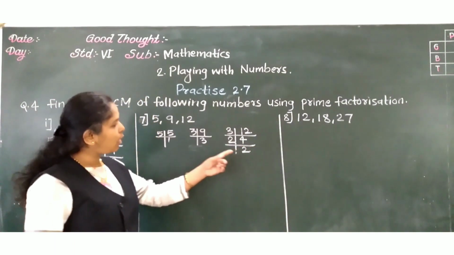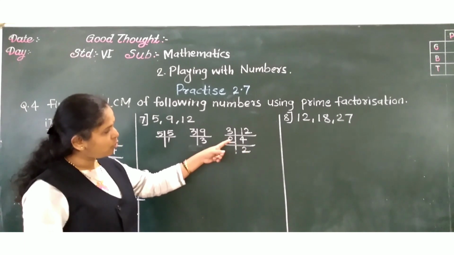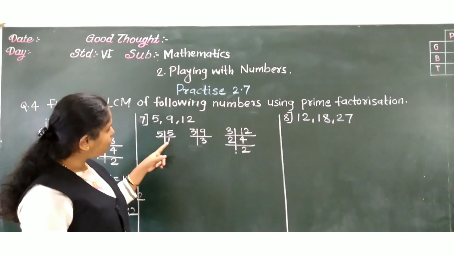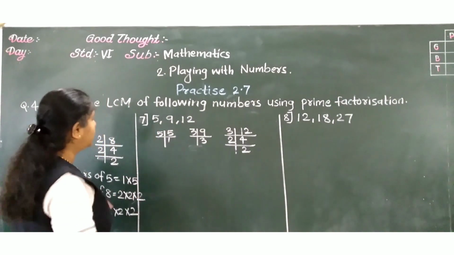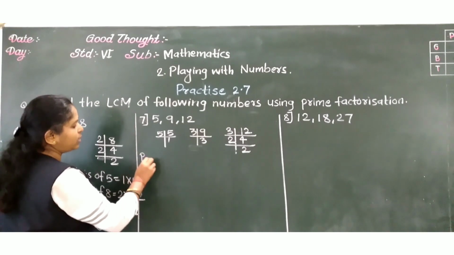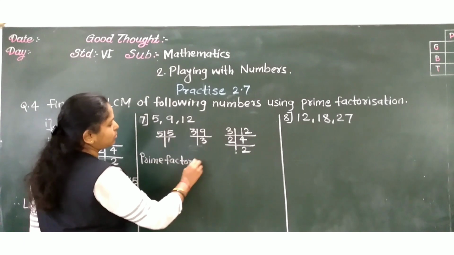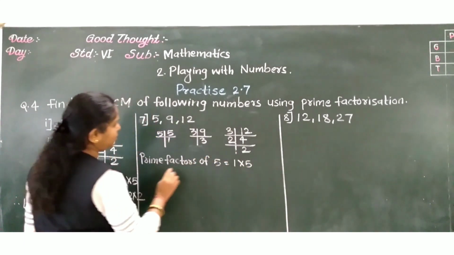Over. See how to find out whether our answer is correct or not. 2 twos are 4, 4 threes are 12, 3 threes are 9, 5 ones are 5. Got it? Now we have to write the prime factors. You can write 5 ones are 5.